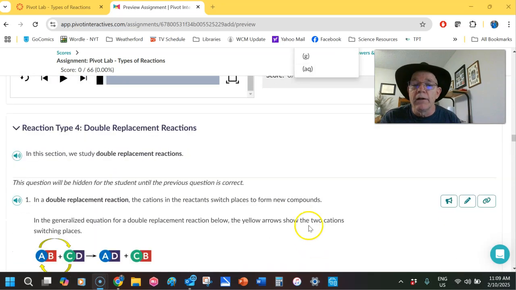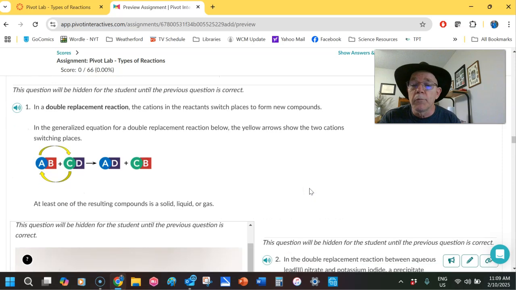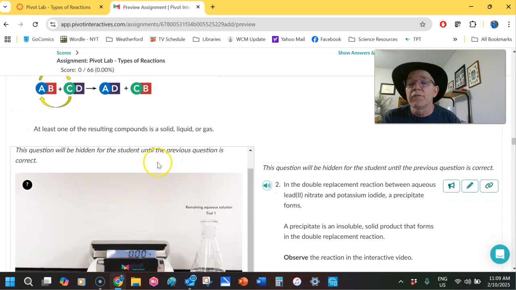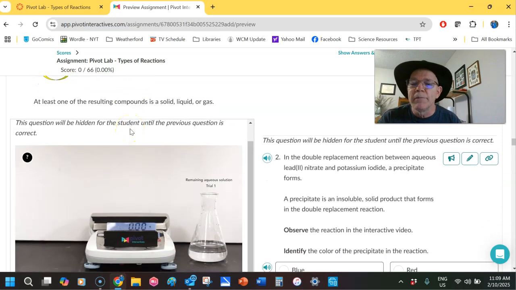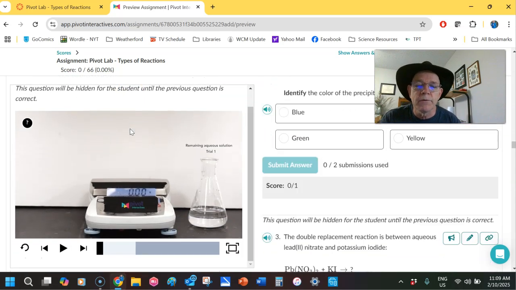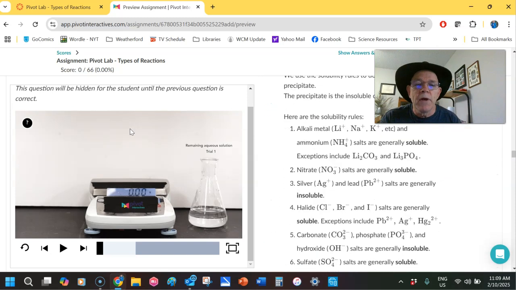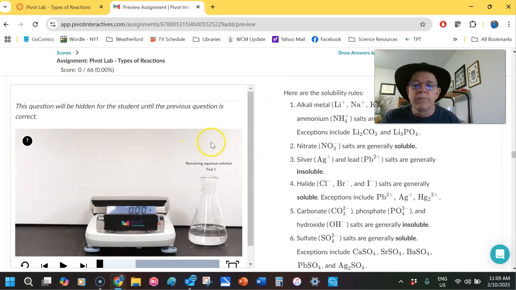All right. Then double replacement reactions. This is where you have two couples, if you will, of chemicals, compounds, and they swap partners. Then they're going to once again do a reaction. Now, this time you're going to end up with a precipitate.